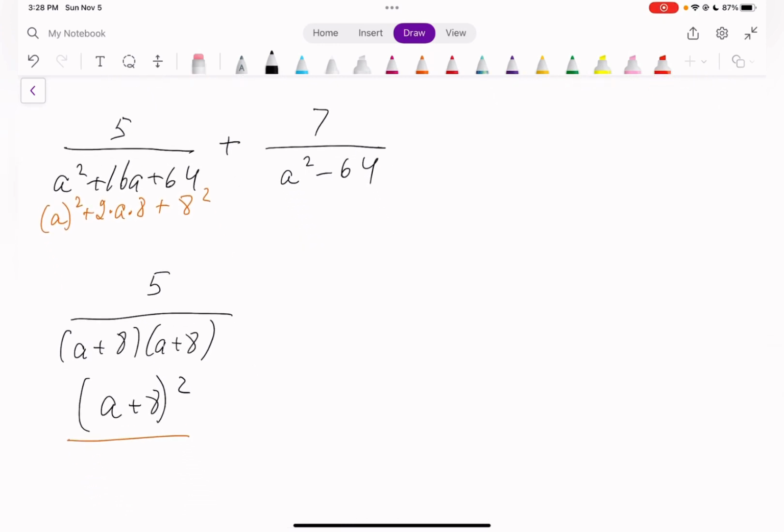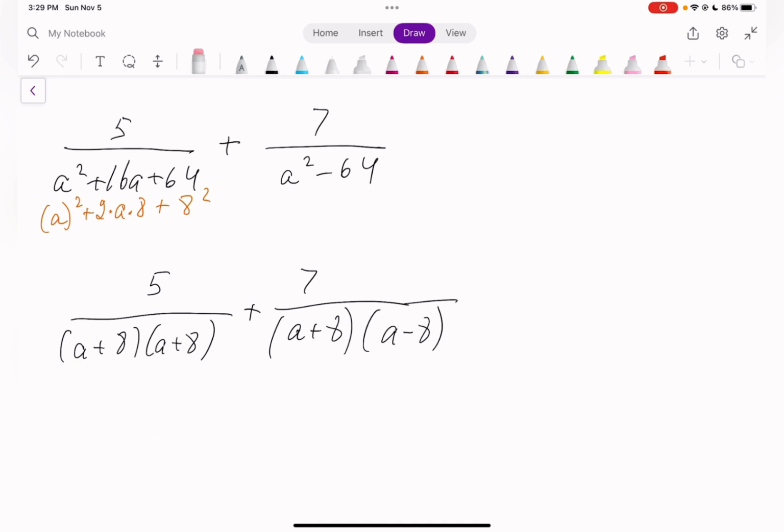Okay, and plus, either way it's gonna work, same thing. A squared minus 64, that's a squared minus b squared, right? A plus b, a plus 8, a minus 8. So what do we have? A plus 8.